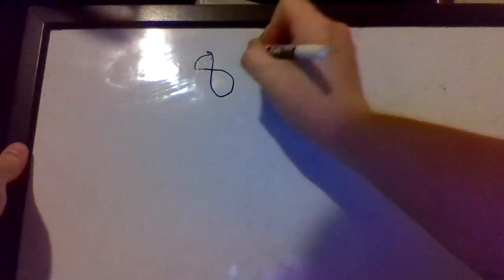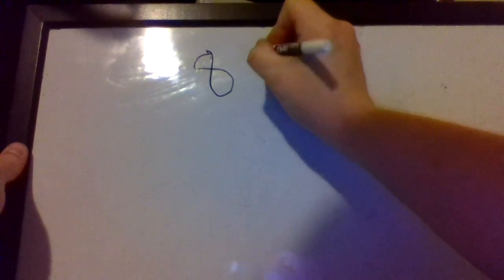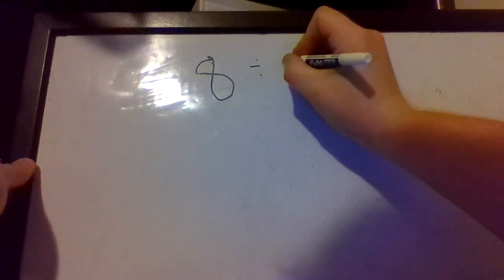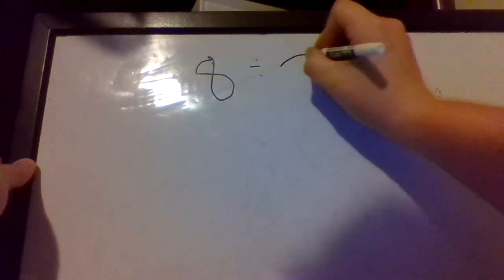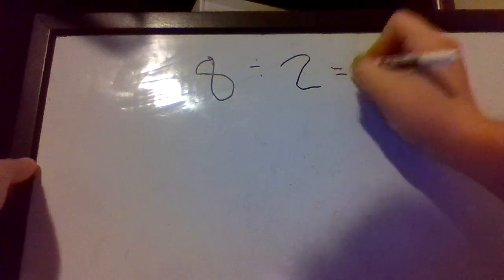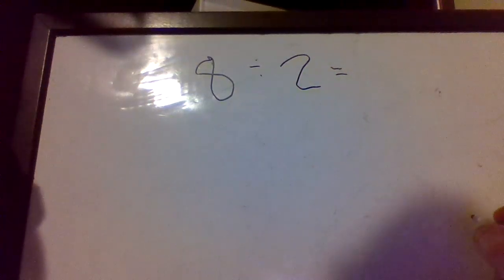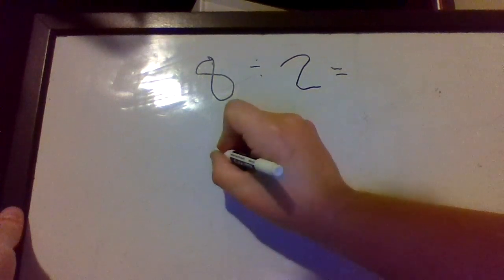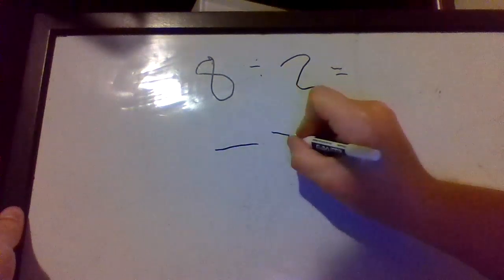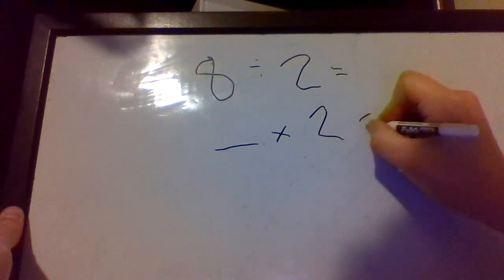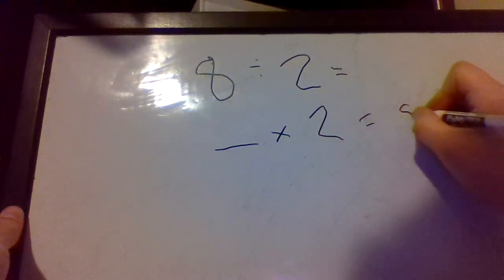So we're going to use 8 Legos and we're going to divide them into 2 groups. As you probably know, there's a few ways to do this. You can say what times 2 equals 8.